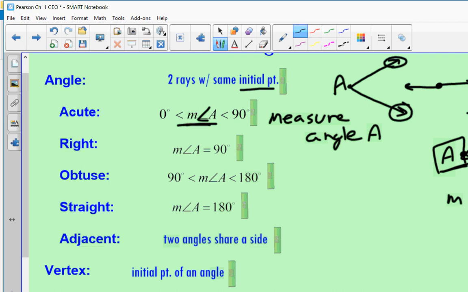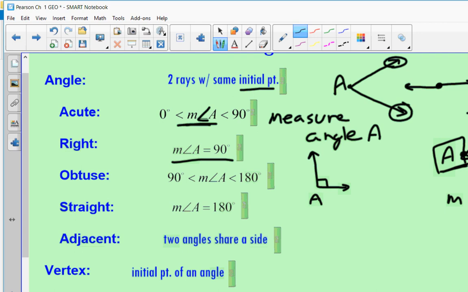All right, a right angle is going to be an angle that has a measure of 90 degrees. So that's going to look something like this. And that initial point where those two rays met is going to be called A. Let me go backwards for just a sec. An acute angle had a measure of less than 90 degrees.